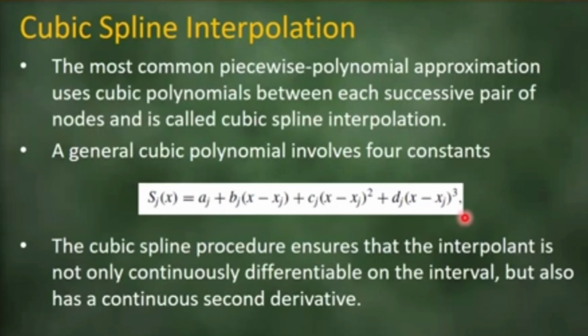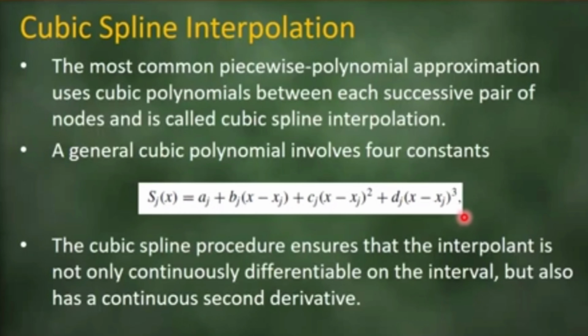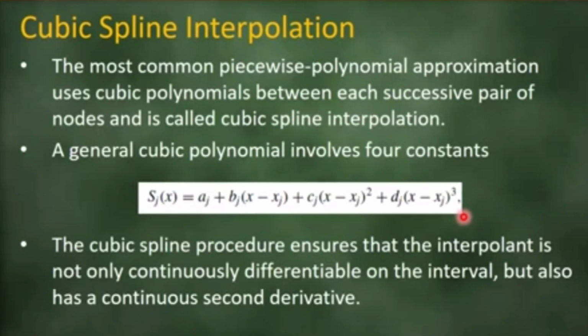Cubic spline interpolation. The most common piecewise polynomial approximation uses cubic polynomials between each successive pair of nodes, and it's called cubic spline interpolation. A general cubic polynomial involves 4 constants.